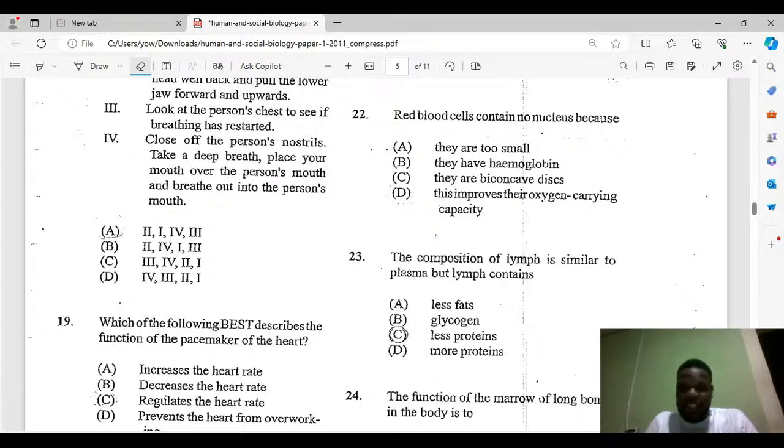Why is it less protein? Why, in your opinion, is it less protein? Explain your answer, because it's circled.